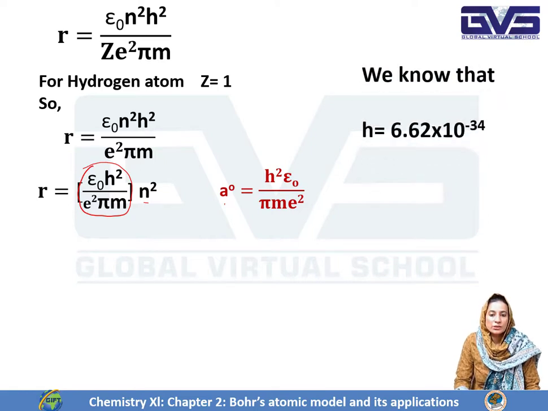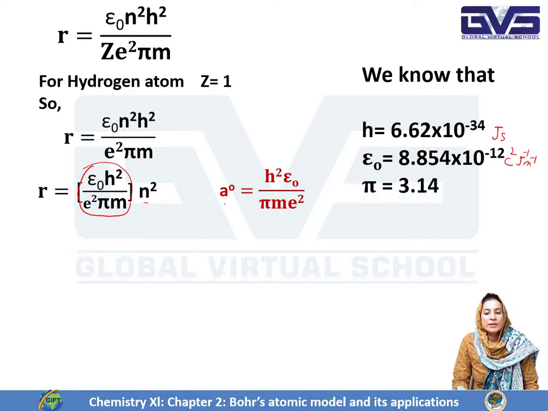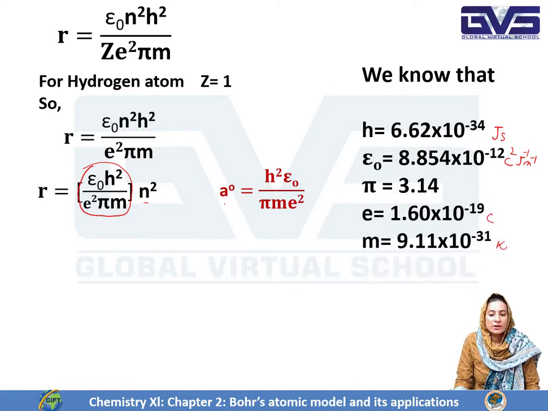As you know, Planck's constant is 6.62 × 10⁻³⁴ joule second. Epsilon has units of coulomb square per joule per meter, and pi is 3.14, no units. Charge units are coulombs, and mass is the mass of electron in kilograms.